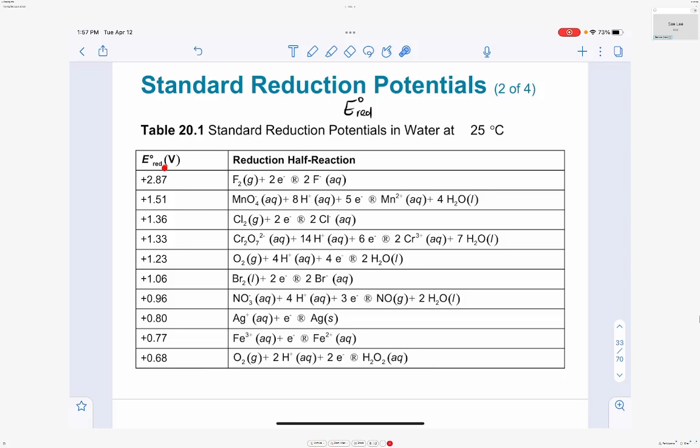As you go up the table, the standard reduction values get more positive, meaning higher reduction potential. That tells us the substance is more likely to go through reduction, more hungry for electrons.